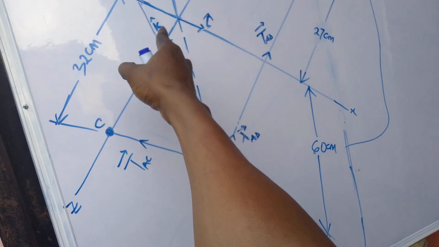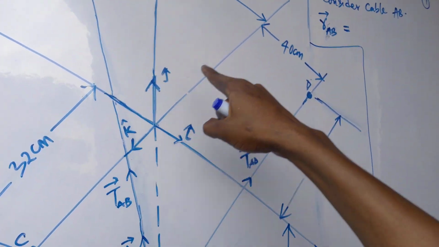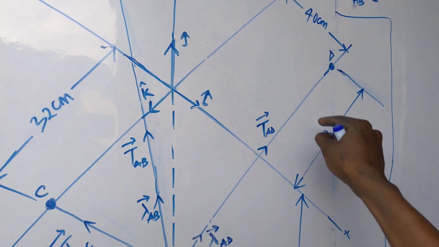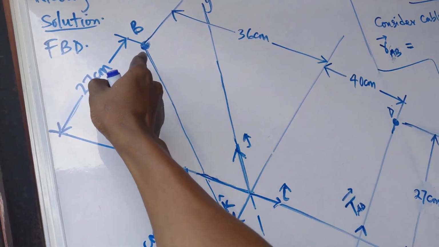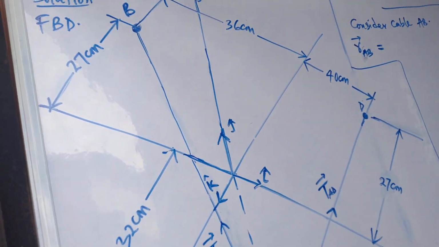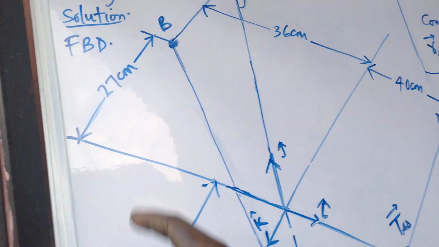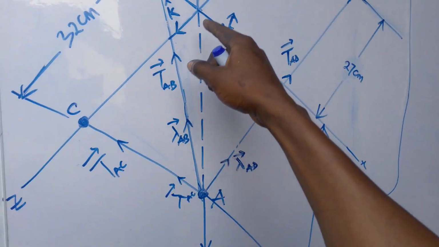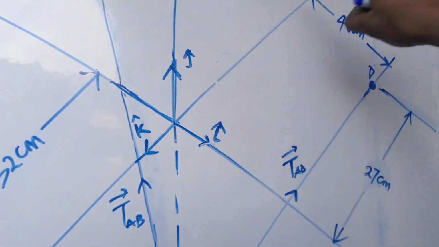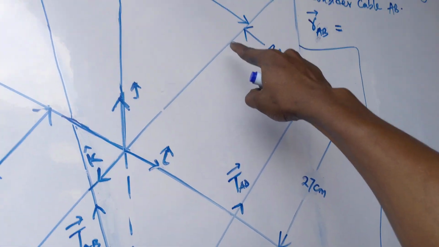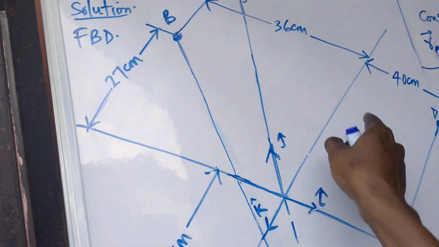Going up 60J, then I'll move like this to be minus 27K. Then I'll go to point B, which is minus 36I. I is coming like this, but this one is going like this, so it will be minus 36I.